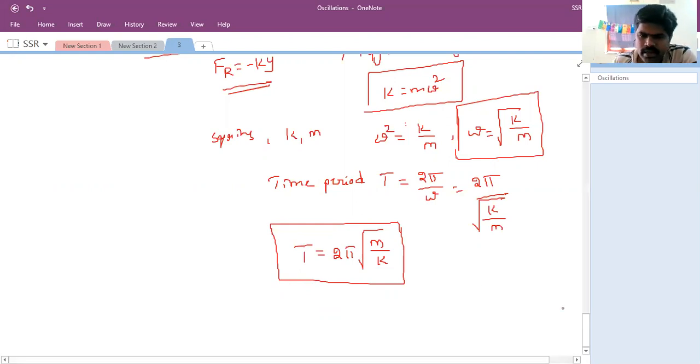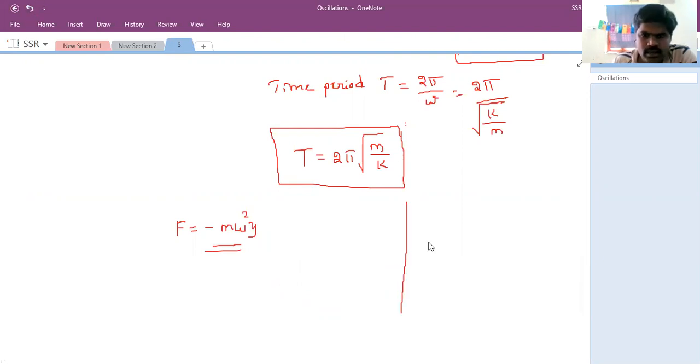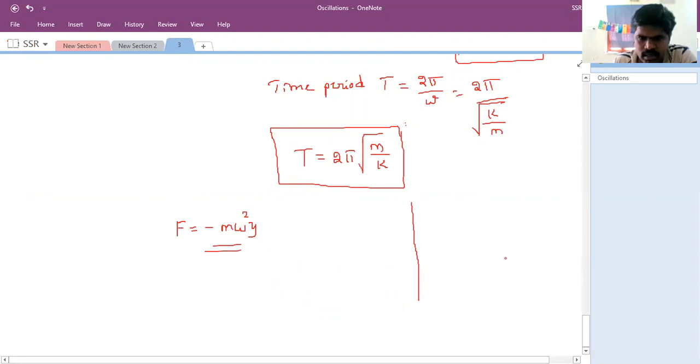Okay. Then graphically, how to understand this? F is equal to minus m omega square y. So you can draw a graph. Let us say along the x-axis you take the displacement y of the particle, and along the y-axis the force F. Then you can observe F is equal to minus m omega square y, so this is a negative slope.